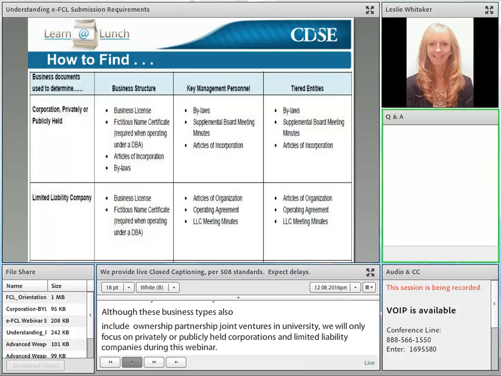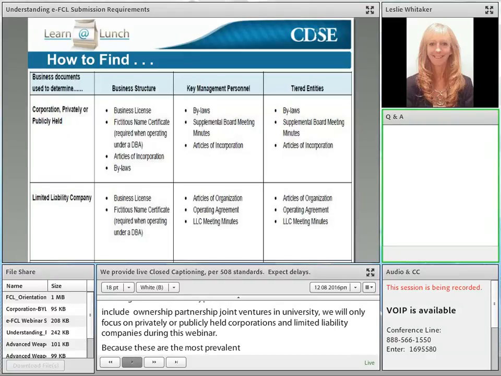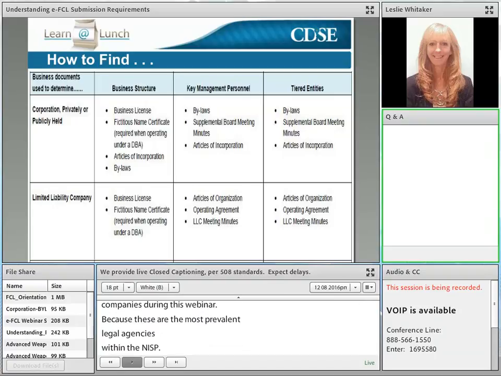Column 2 reflects the business documents that must be reviewed and uploaded into eFCL to assist DSS in validating your business structure type. The documents in column 3 will help you and DSS identify the officers, directors, members, managers, and owners associated with your corporation or LLC.